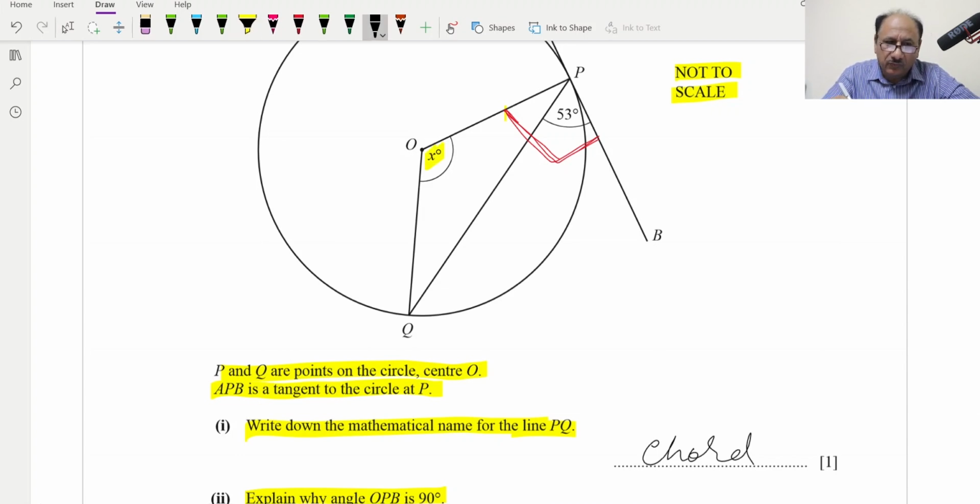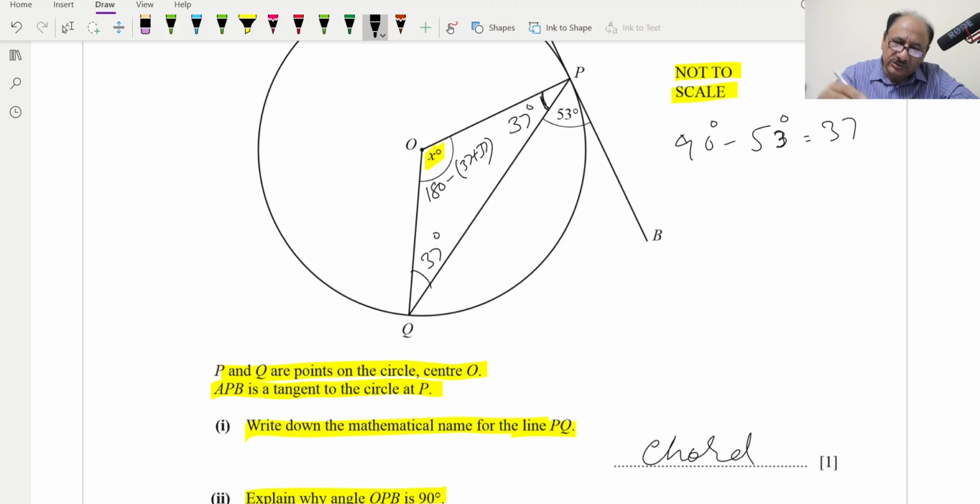So what we can do first, we can find this angle, which is 90 minus 53. 90 minus 53 degrees will be equal to 37. So this angle is 37. This angle will also be 37. So this angle will be 180 minus 37 plus 37.